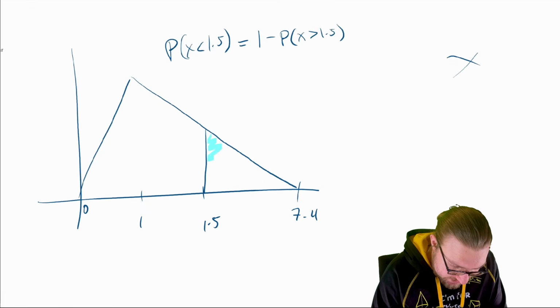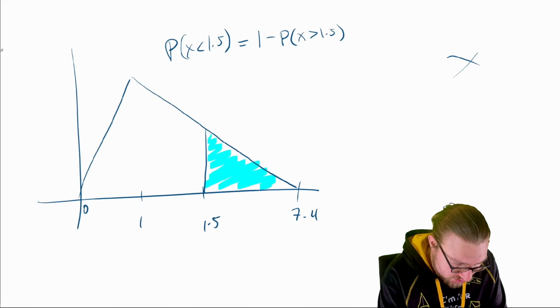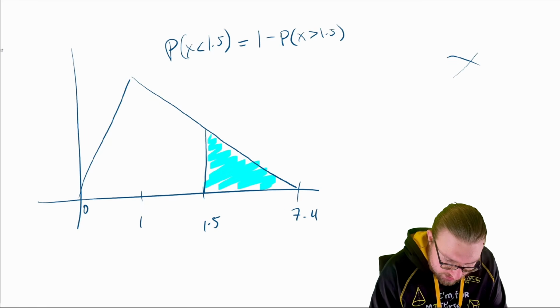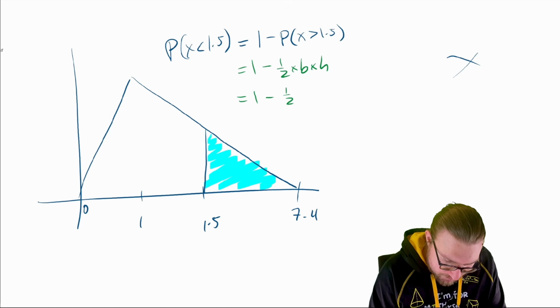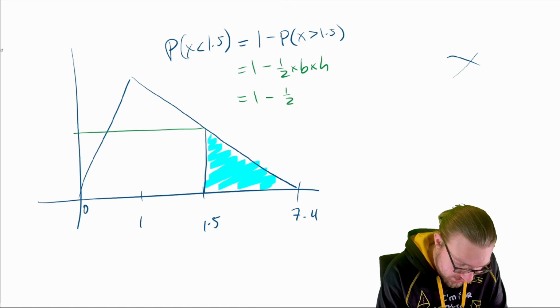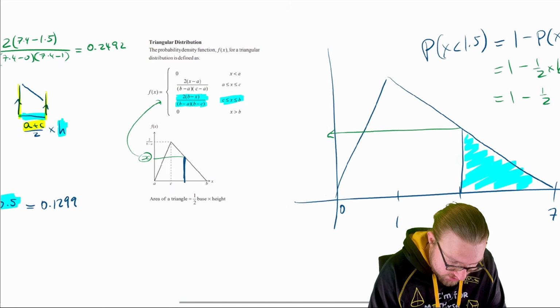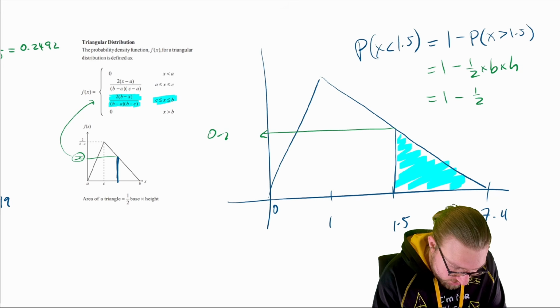So this is this area over here, and it's a triangle. All we need to do is base times height here. So we have 1 minus half times base times height. Well, we already figured out the height here, and let's check what that was. 0.2492.